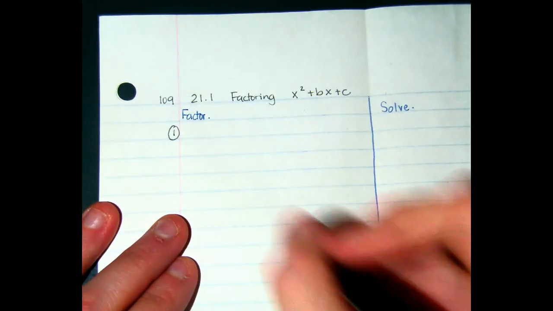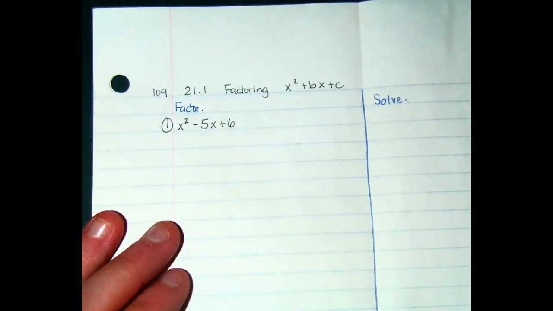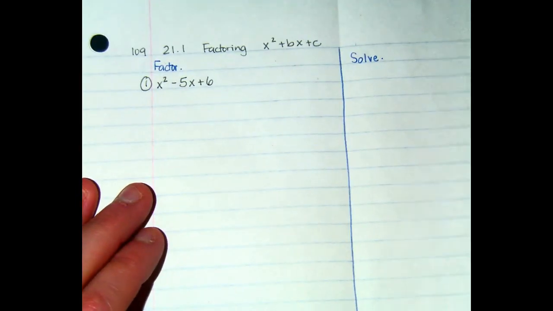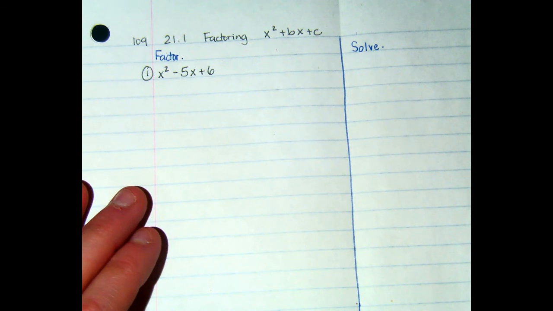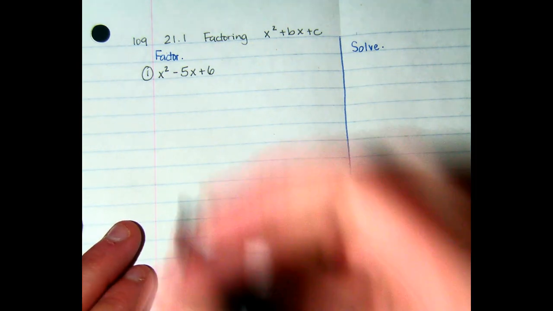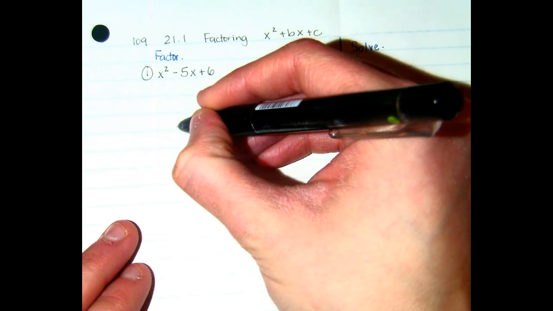Number 1. X squared minus 5x plus 6. Number 2.